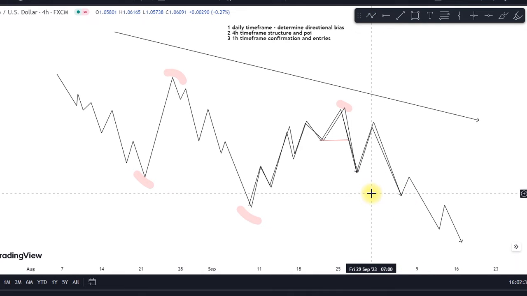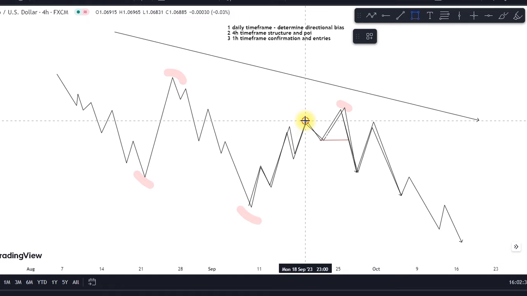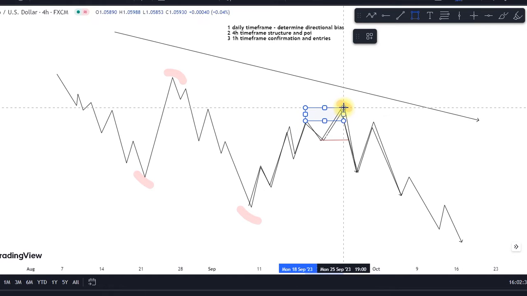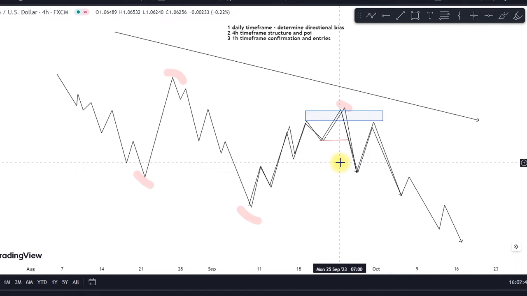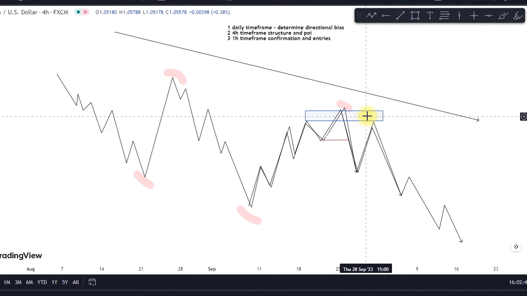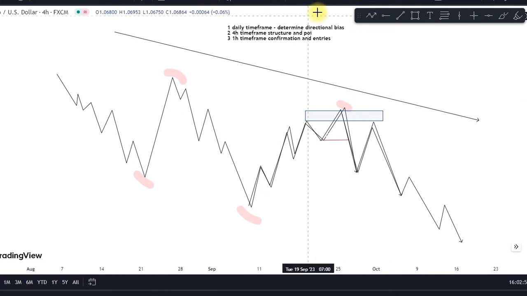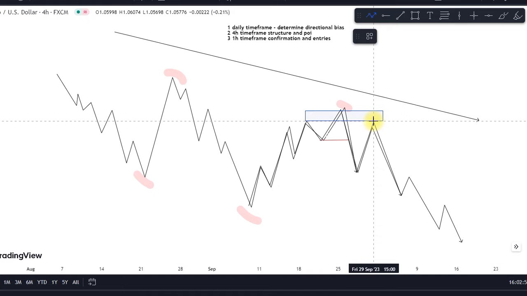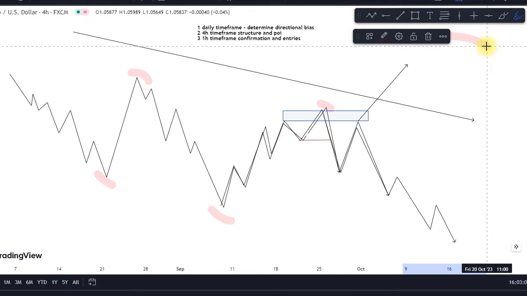So where would be our point of interest? Our point of interest would be this QML here. So this means when the market taps into this point of interest, we dive deeper into a smaller time frame. When we dive deeper into that smaller time frame, this is what we should expect.